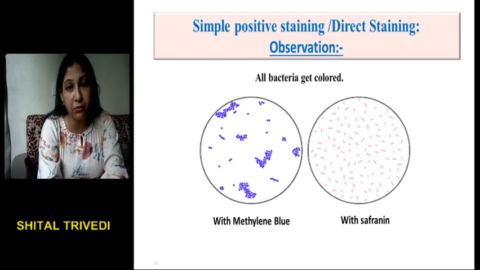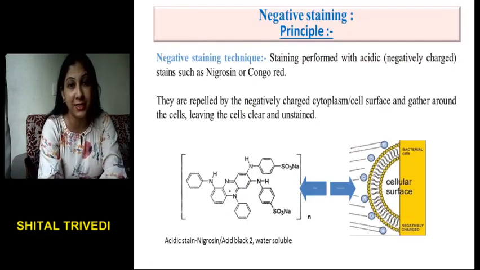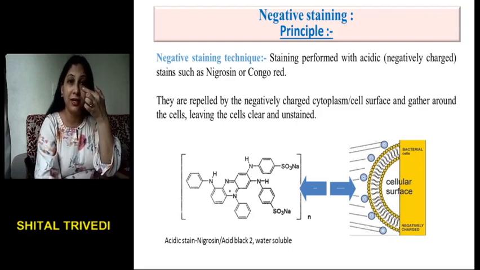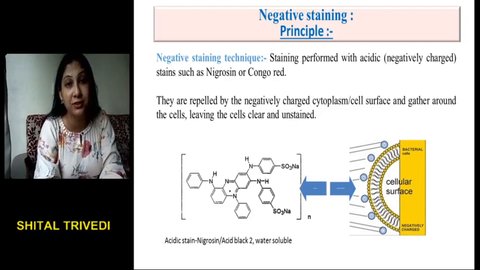But some of the microorganisms are difficult to stain with the staining reagent, and in that case this technique is not useful. So we can go for another technique, the simple staining technique of negative staining type. This technique involves the use of acidic or negatively charged stain. The principle behind negative staining is that the bacterial cell surface possesses a negative charge and repels the negatively charged chromophore of the acidic stain.